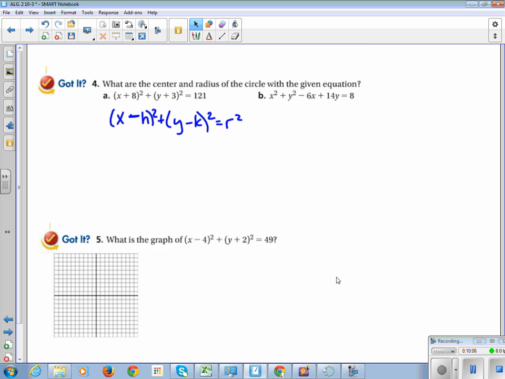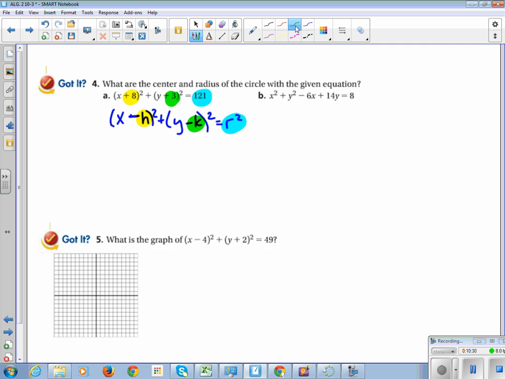So in this case, h is going to be negative 8. k is going to be negative 3. And r squared is going to be 121.